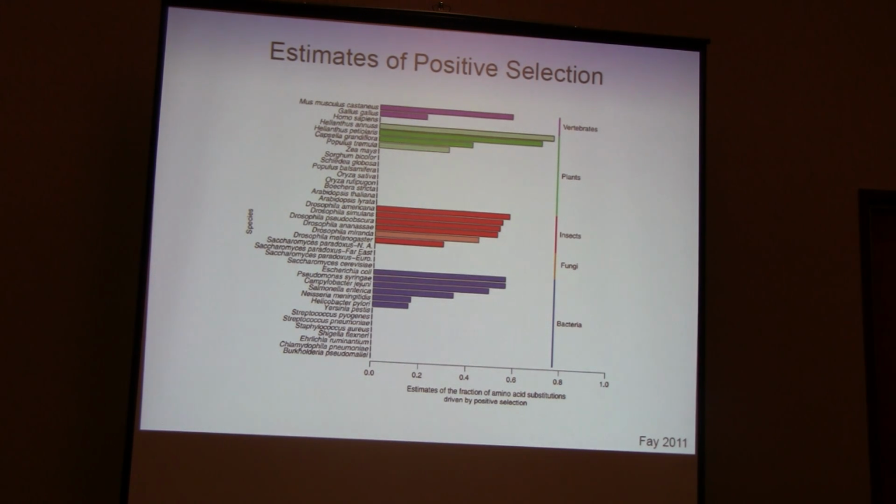And then a whole bunch of other species where the ratio of non-synonymous to synonymous divergence is much greater than polymorphism.